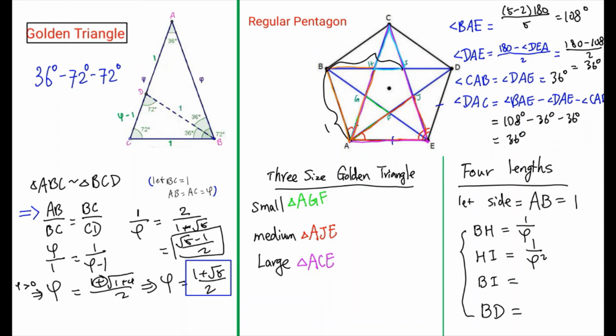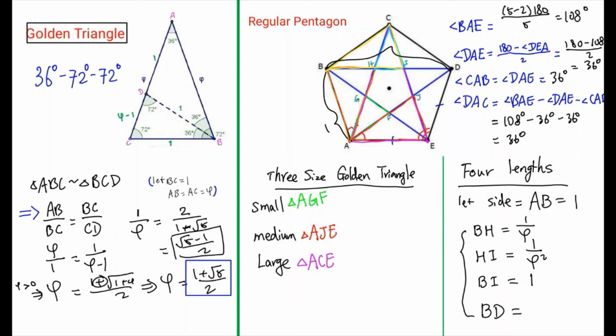Next is line BI, which is over here. BI is just equal to AB, since BI is part of this triangle BIC. Since this is an isosceles triangle, BI is equal to AB, so it's 1. BD is this line over here.